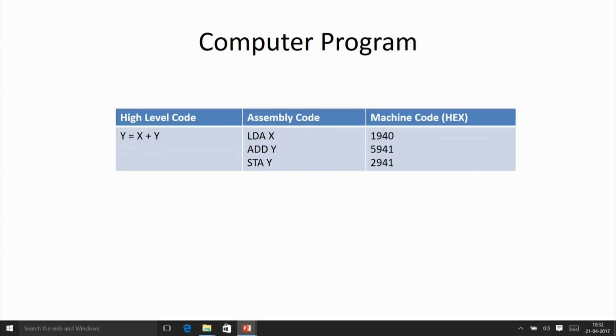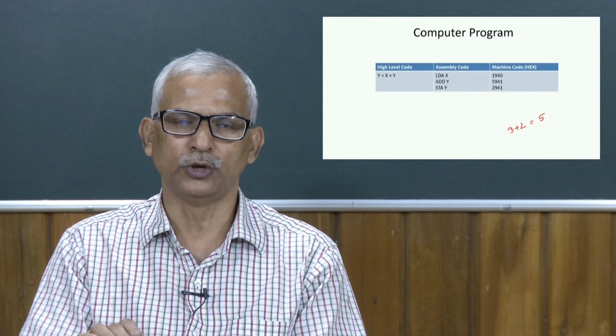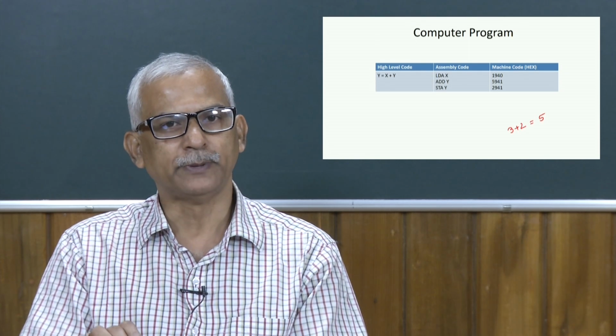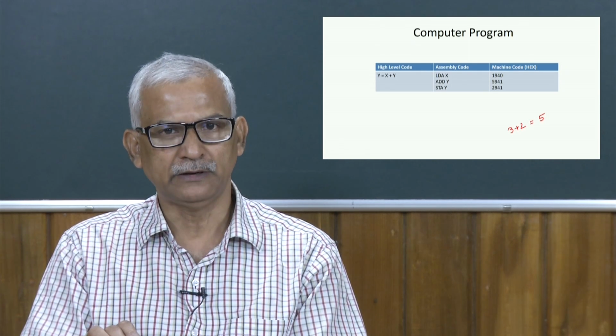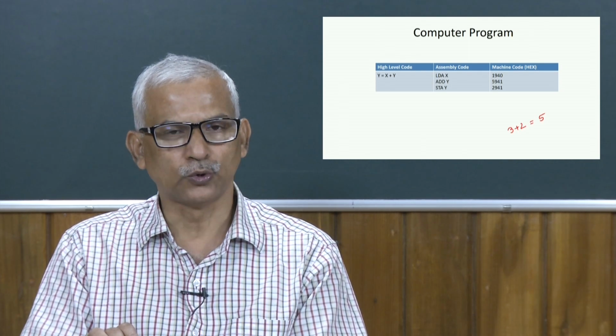Now, finally, the basic operation we are going to do is y = x + y, because we are going to add two numbers, 3 plus 2, and get the result. When we write a program in a high level language, maybe if you are accustomed to C or some other high level language, generally we define some variables, and these variables are placeholders; they can keep or store some values.